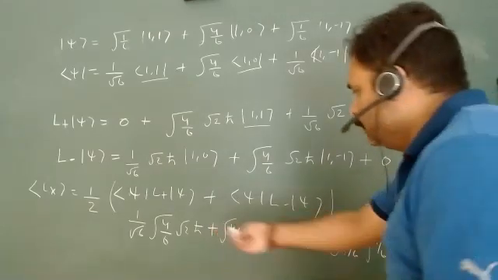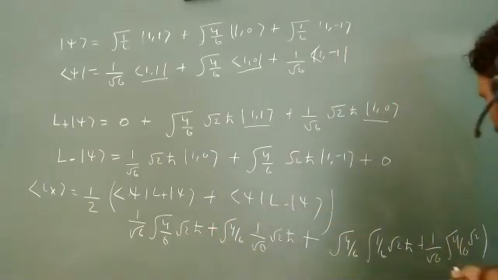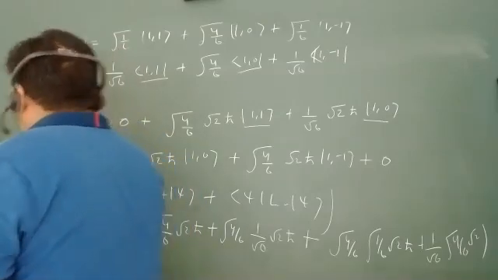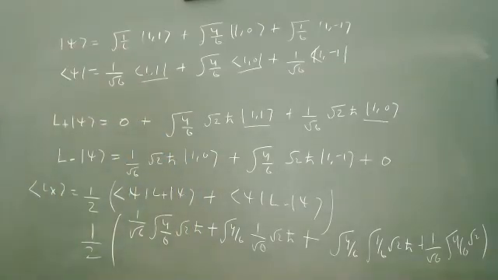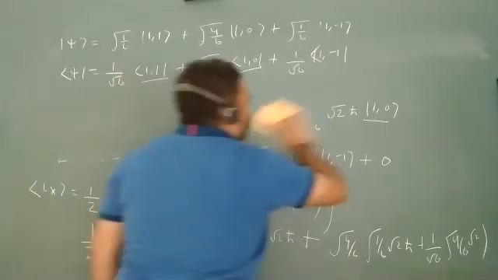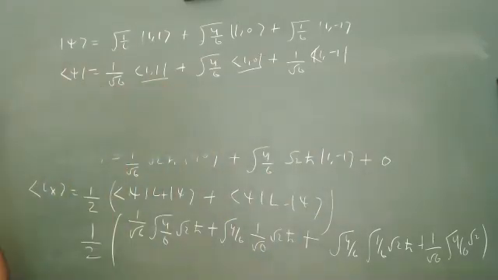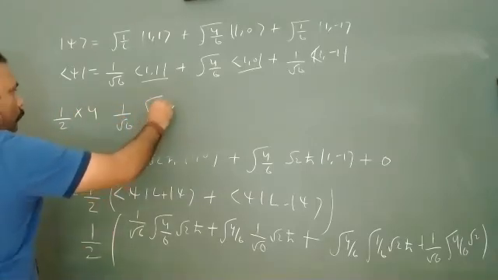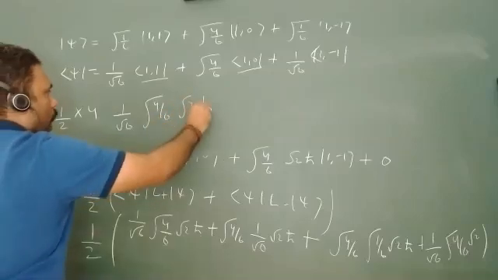I think every number is same or different. They are same. 1 upon 2 is there. So I can write it in a very quick manner. You can just check what will be the final answer, but I am just doing this calculation. So 1 upon 2 into 4, and you have 1 upon root 6, root 4 upon 6, root 2 upon h cut.